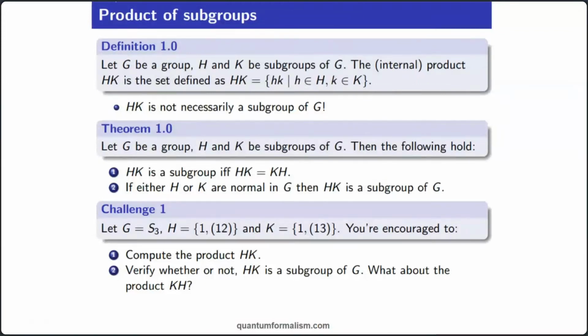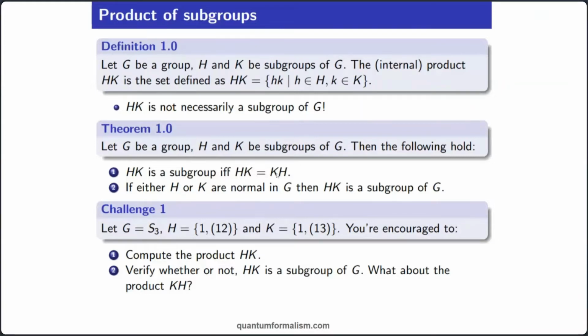One observation here is that this set doesn't necessarily form a subgroup of G. And here's the next proposition, which tells you under what circumstances it forms a subgroup. Given a group G, and H and K subgroups of G, then HK is a subgroup if and only if HK equals KH.